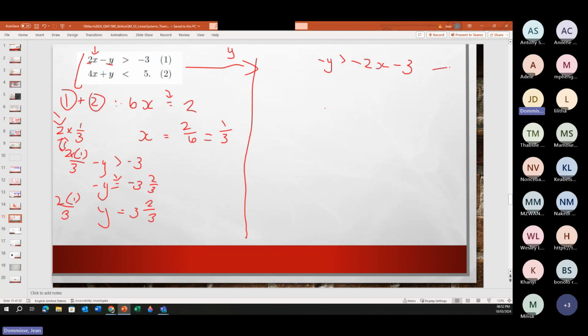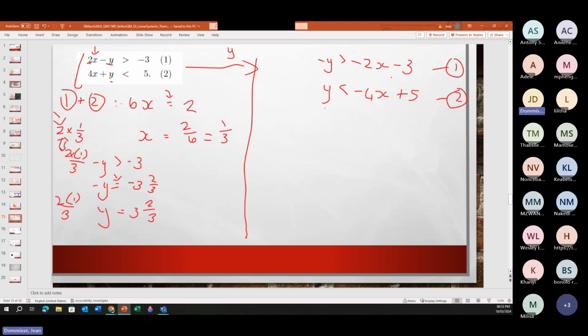So that's the one formula. And the other formula to simplify is y stays there, but it's minus 4x plus 5. Okay, so that would have been a way to rewrite it.